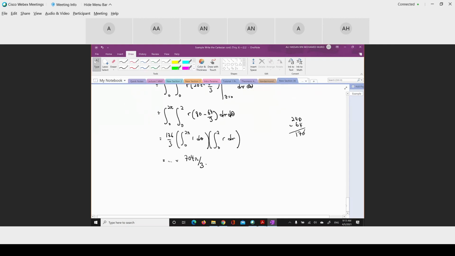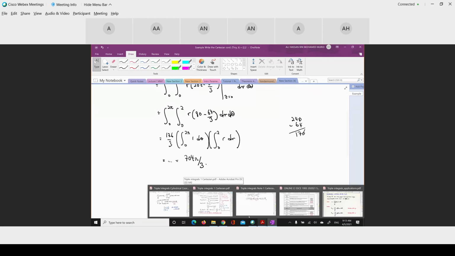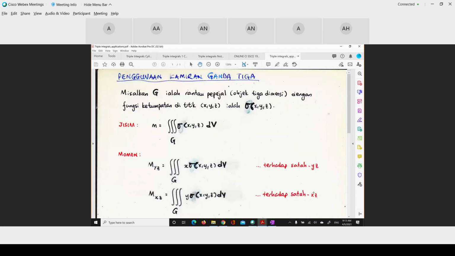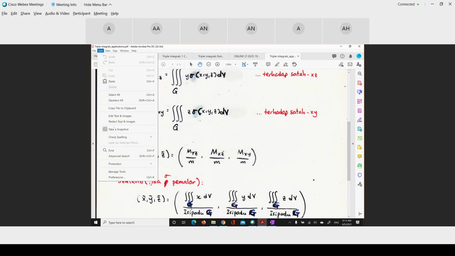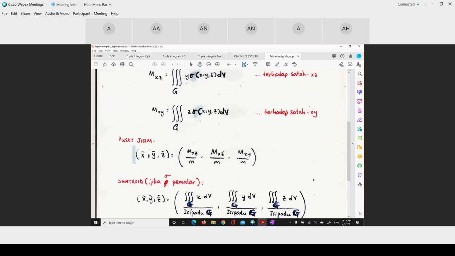What about the center of gravity? I have discussed with you the center of gravity for lamina, right? It is given by this formula here: x bar, y bar, z bar. Let me take a snapshot of this one.